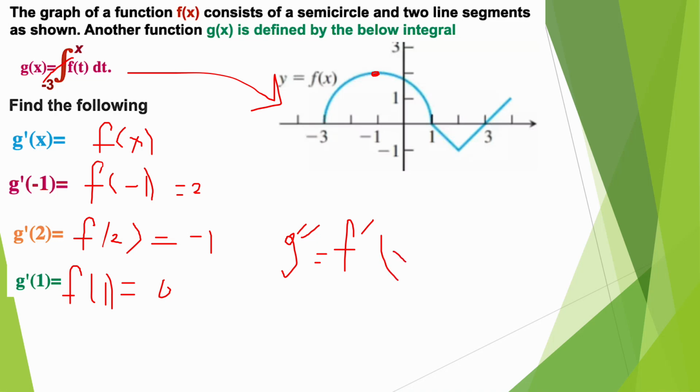And if I want to find g double prime of -1, in this case, there is a horizontal tangent there, so it will be 0.